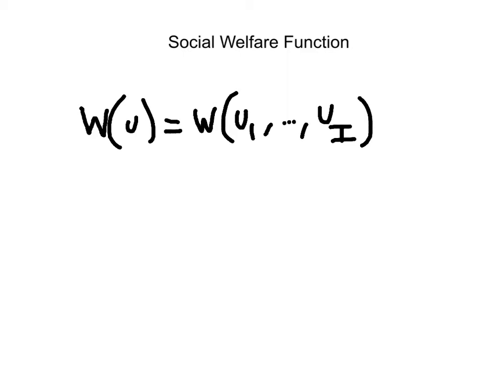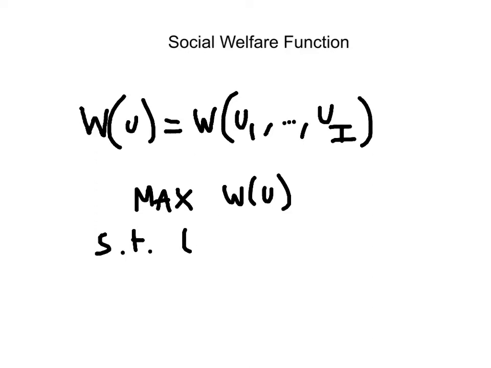So the problem of a social planner or a policymaker will be to maximize our social function such that the profile of underlying utilities, from U1 to UI, is in the utility possibility set U.